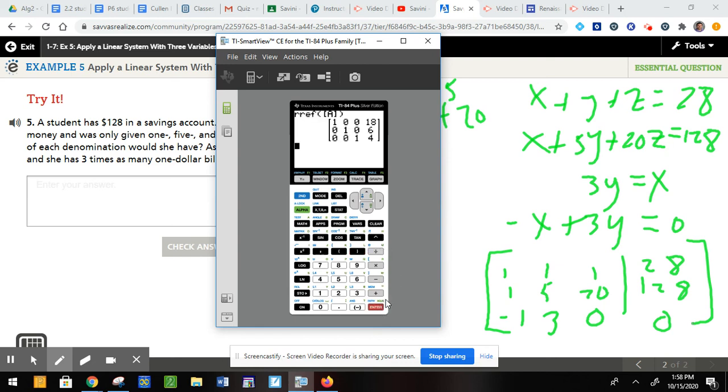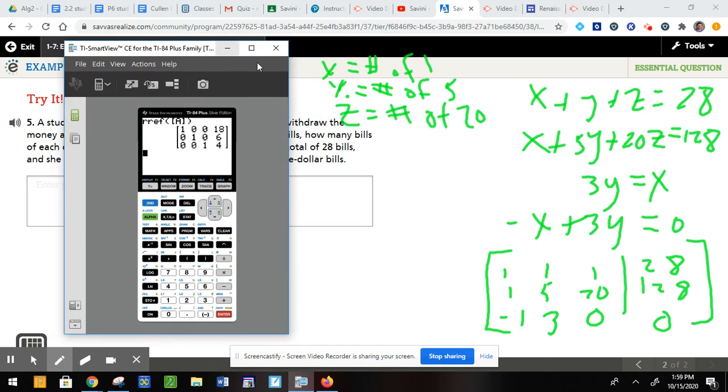All right, and then what you end up with is the matrix in reduced row echelon form, meaning x is equal to 18, y is equal to 6, z is equal to 4. So if I go back to my original definitions, that means she got 18 $1 bills, 6 $5 bills, and 4 $20 bills.